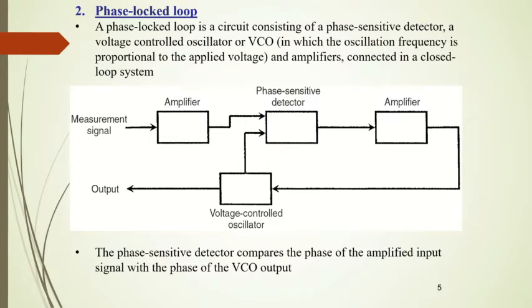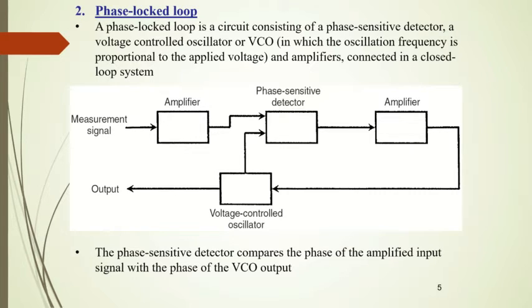Now let me take you through the phase locked loop. A phase locked loop is a circuit consisting of a phase sensitive detector, 2 amplifiers, and a VCO, voltage controlled oscillator. The signal whose frequency is going to be measured is amplified and fed into the phase sensitive detector.